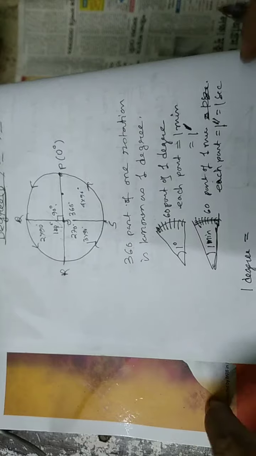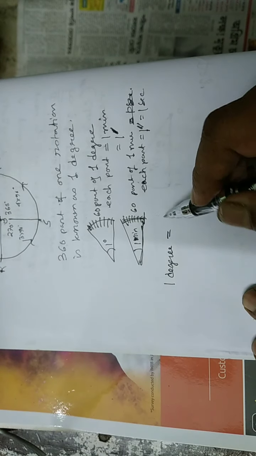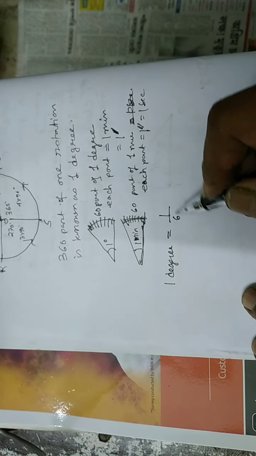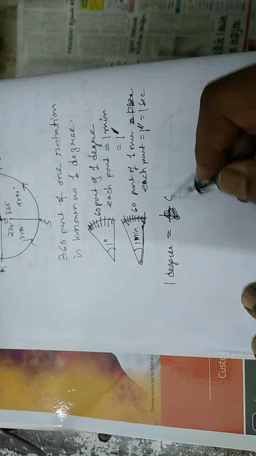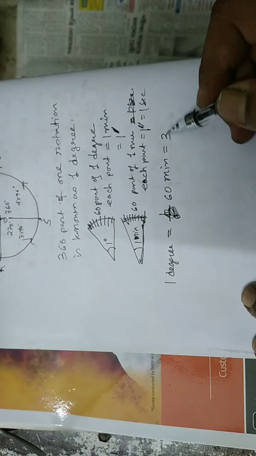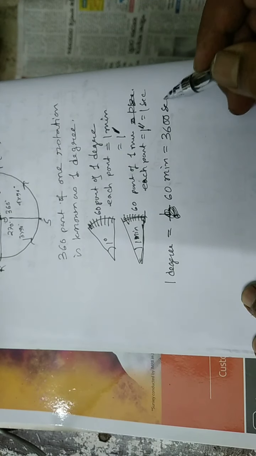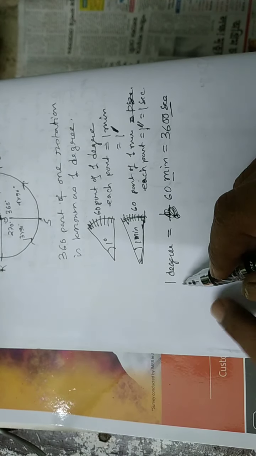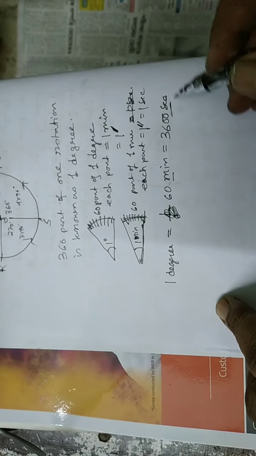So 1 degree equal to 60 minutes equal to 3600 seconds. It's like 1 hour equal to 60 minutes equal to 3600 seconds.